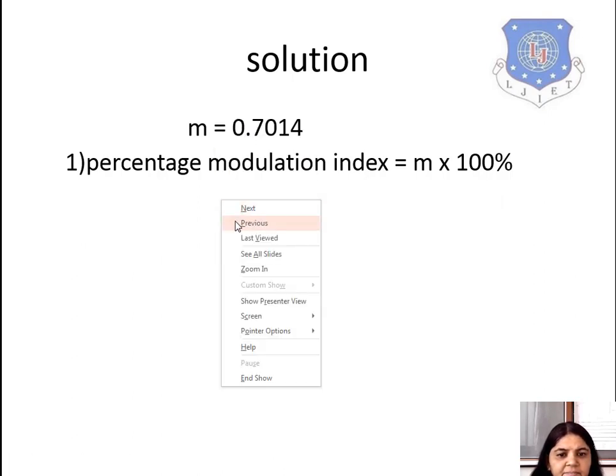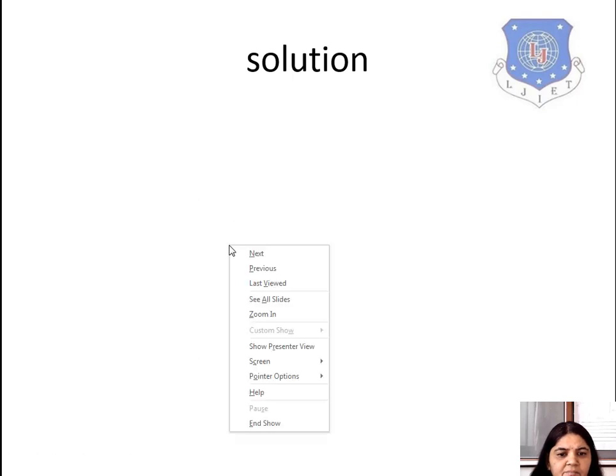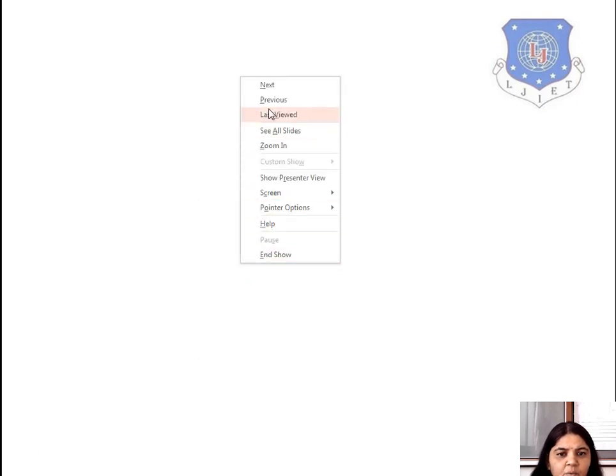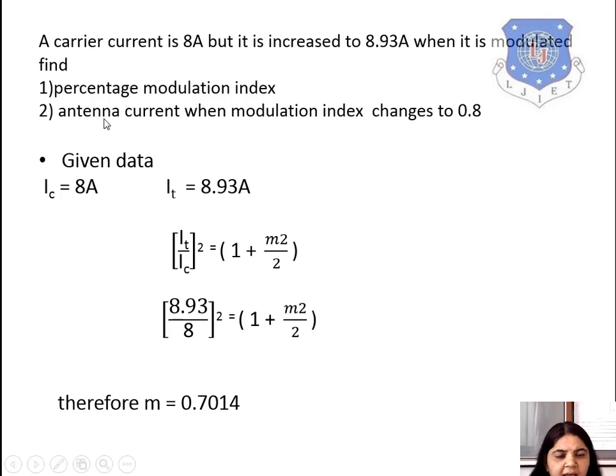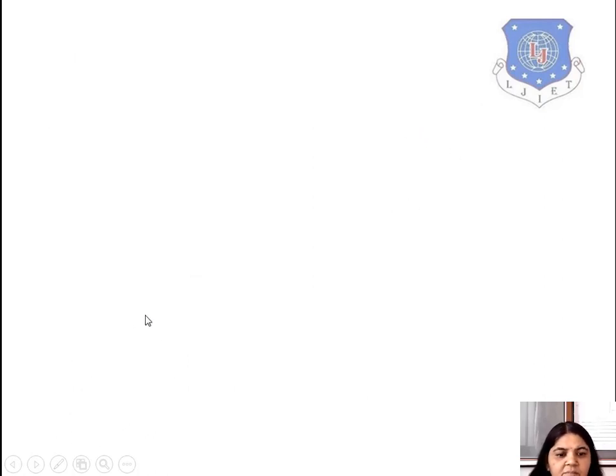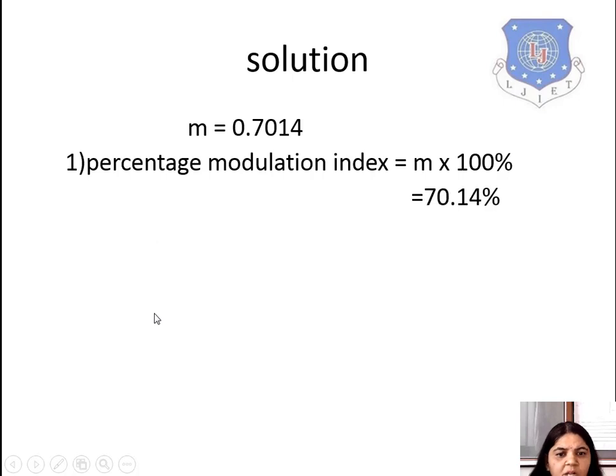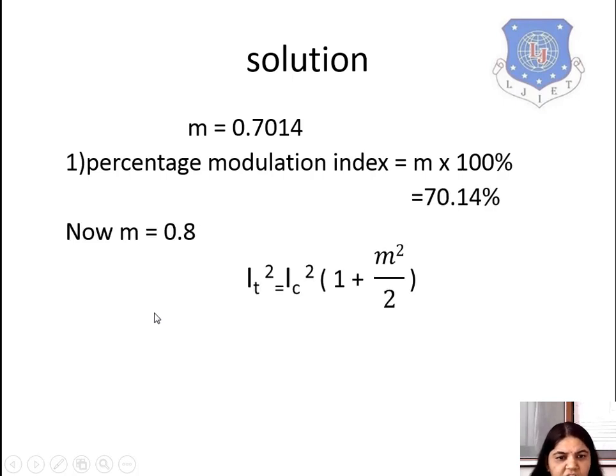Now the second thing that we need to find out is the antenna current when the modulation index changes to 0.8. So when the small m value changes to 0.8, we know the relationship: IT square is equal to IC square in bracket 1 plus m square by 2.